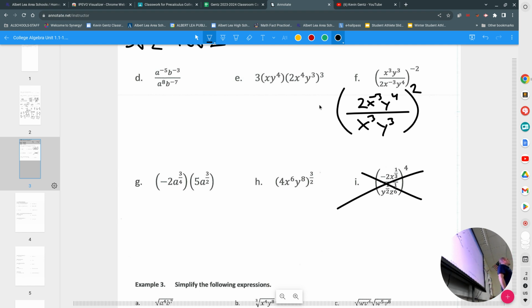Now we're going to do what Evie suggested. She said, let's deal with this negative 3 right there. So I'm going to deal with the x to the negative 3 power. It's got to move from the numerator to the denominator. So my denominator is going to be, instead of x to the third, what's it going to become? X to the 6th.